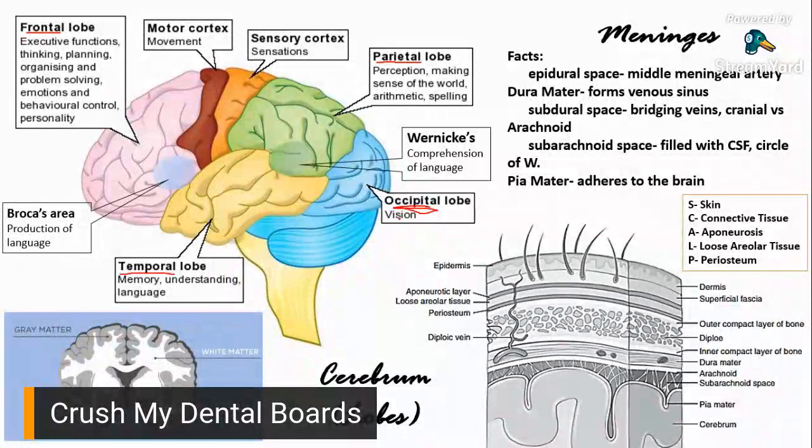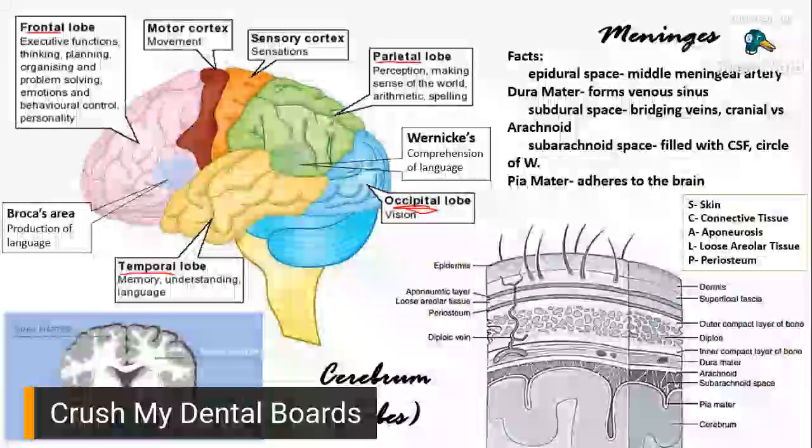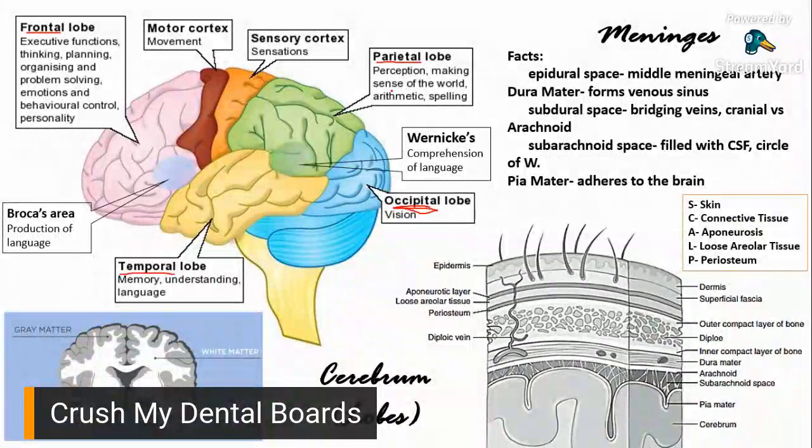For example, vision. It's easy because the occipital lobe, that's its only function, vision. Okay? So parietal lobe, perception; temporal lobe, memory, understanding, language. So just get an idea of the specialty of the different lobes. Okay?